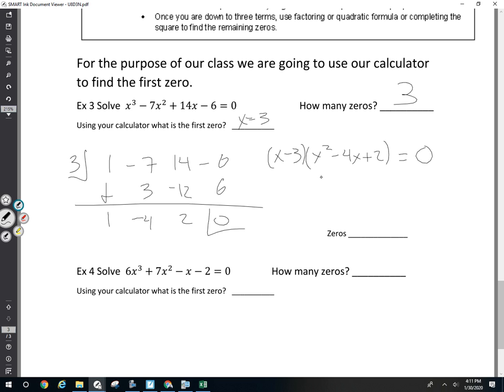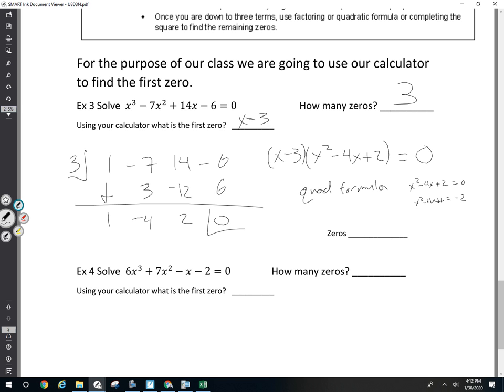Now, you can use your calculator to find this, but also you can find it using the quadratic formula because you can't factor, or you can complete the square. Remember how to complete the square? I'll move the number over. I will add something so that I have a complete square. Well, it's going to be x minus 2 squared.